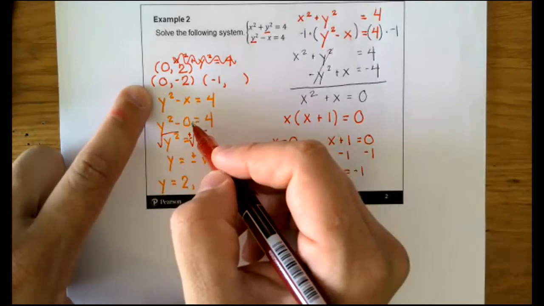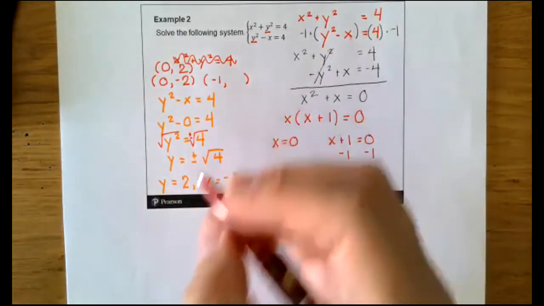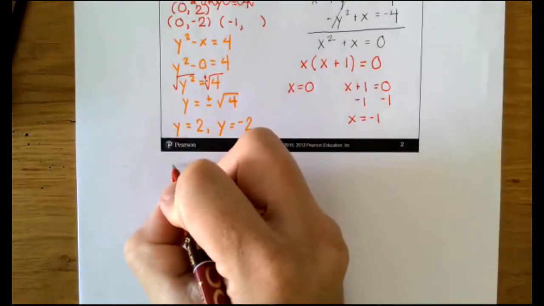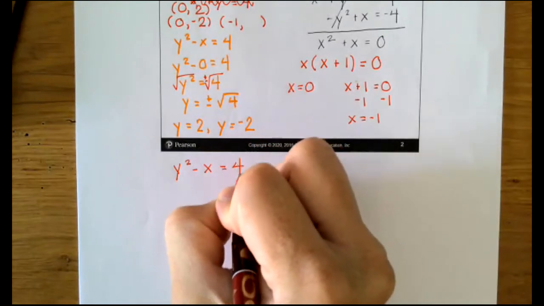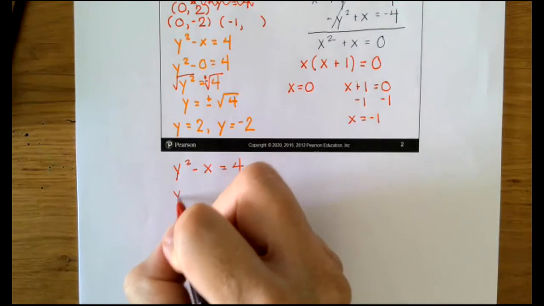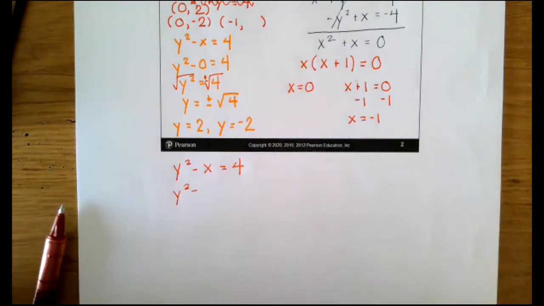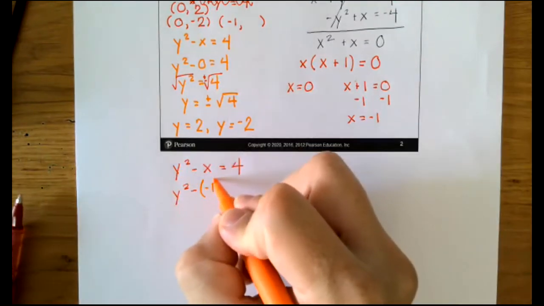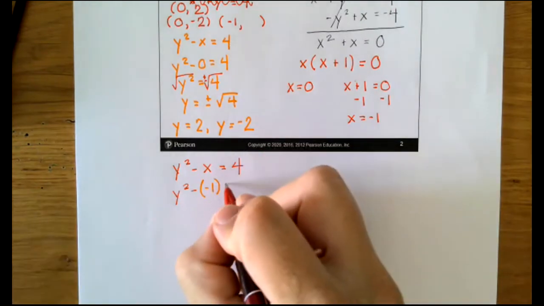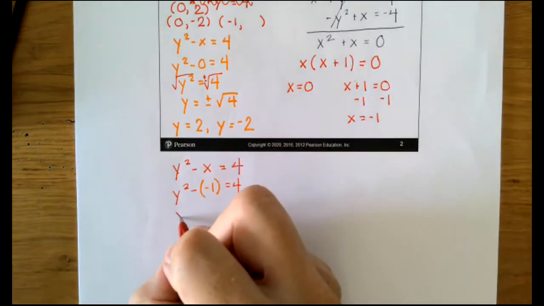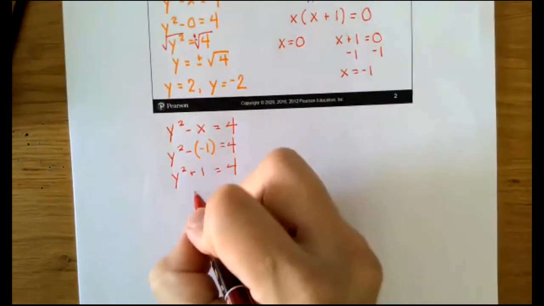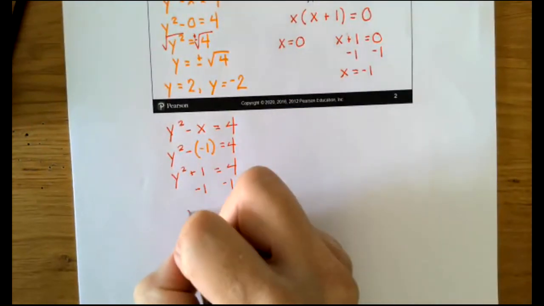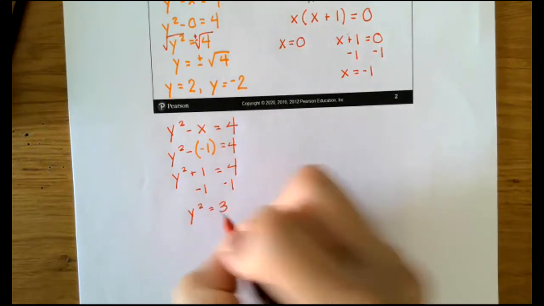Now I'm going to switch from 0 to -1. Same equation, y squared minus x equals 4. Y squared minus -1 equals 4, so y squared plus 1 equals 4. Subtract that 1: y squared equals 3.